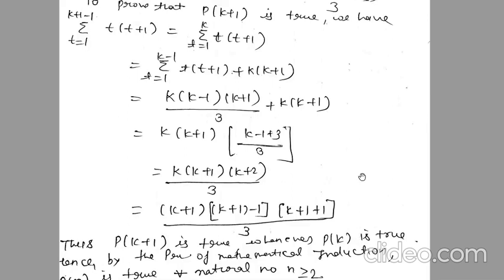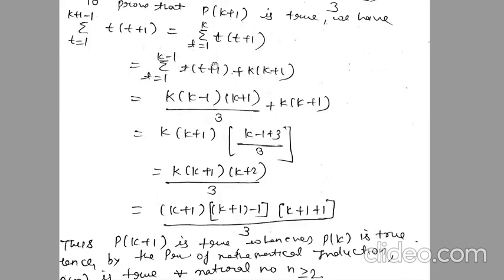This term may be somewhat difficult for you to understand. Let's try to understand that our last term is this one, and where it is coming from. If you put t is equal to k here, then you will get k plus 1. So k plus 1 will be your last term, and before the last term you also get a term where t moves from 1 to k minus 1.